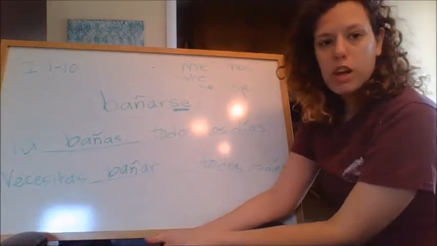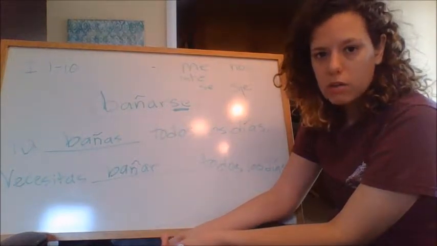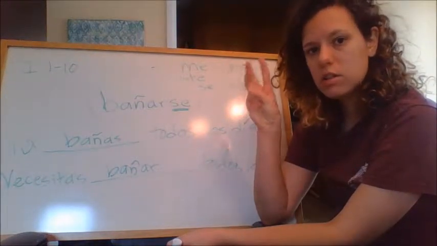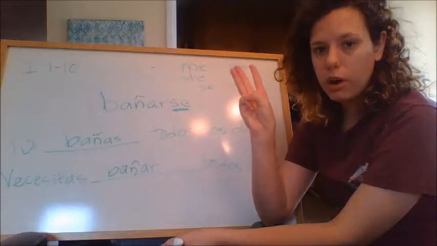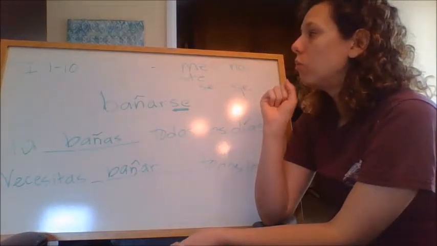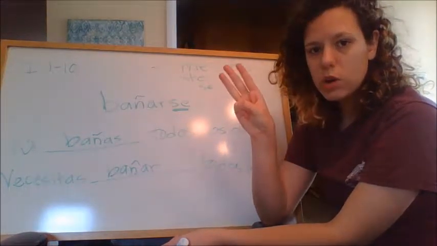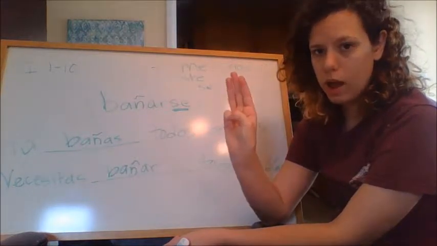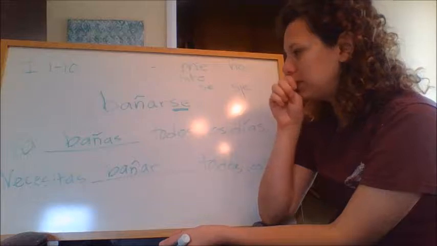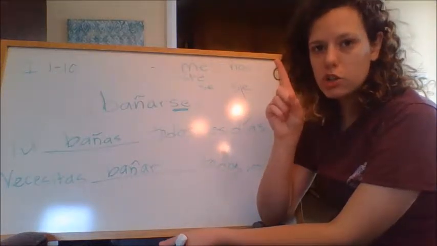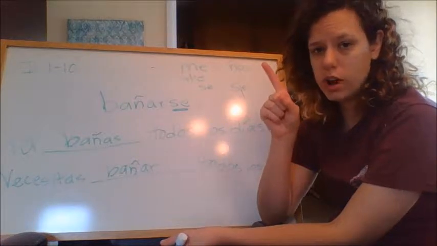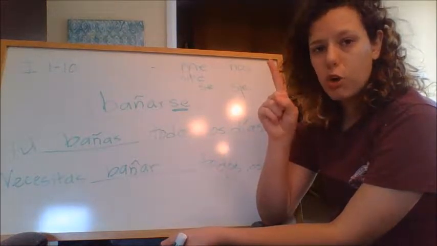Then step 3 is, what do I do with the pronoun? Step 1, deal with the verb. Step 2, deal with the pronoun. Step 3, where does the pronoun go? Reflexive, direct, and indirect object pronouns all follow the same placement rules. If you have one single conjugated verb, your pronoun, whether it's reflexive, direct, or indirect, has to go before the verb.